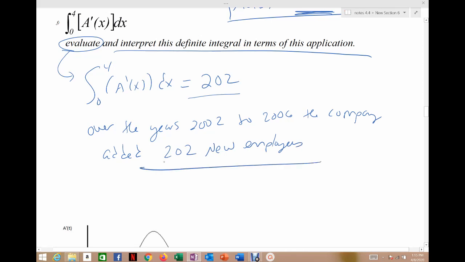Whatever they had, they now have 202 more. So that finished up the first example. Hopefully you understood it. We'll do a second one just to solidify it.